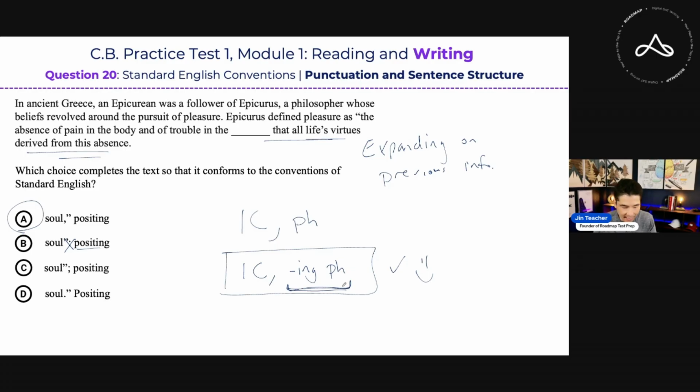So I'll give you guys an example of this. If I say, the bomb exploded in the city, comma, destroying everything in a 5-mile radius. Destroying everything in a 5-mile radius would be my ing phrase. That elaborates, or describes, it modifies the independent clause. And it does so in this case by telling you what happened simultaneously, or what happened right after.